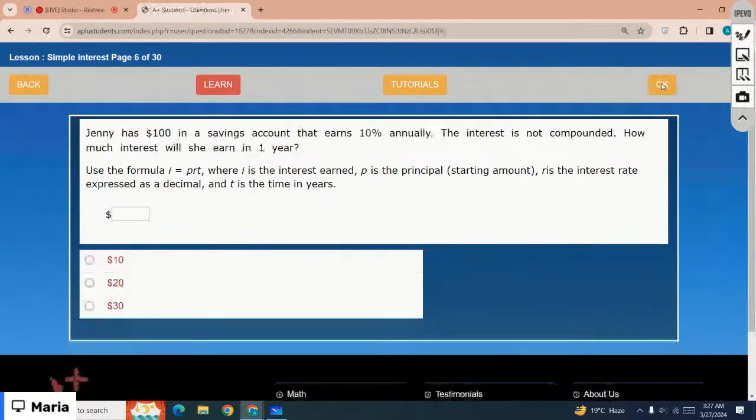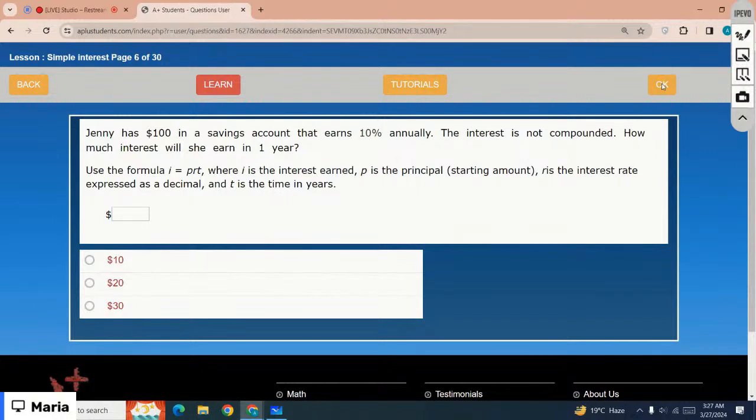Jenny has $100 in a saving account that earns 10% annually. The interest is not compounded. Now read the question carefully. How much interest will she earn in 1 year? You simply have to calculate the interest after 1 year.